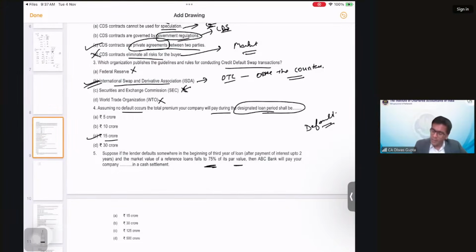If there is a default, that means the market value of the loan book will go down. The answer is yes. So it is going down to 75%. That means it has gone down by 25%. Then ABC Bank will pay your company dash in a cash settlement.